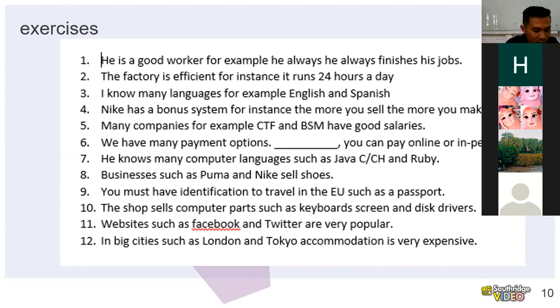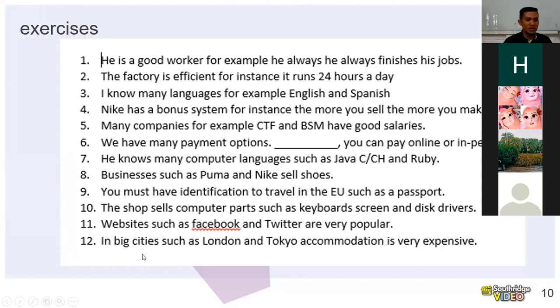But in a big city such as London, Tokyo, okay. All right, I think that's all. Yeah, that's correct. In the big cities such as London and Tokyo, accommodation is very expensive.